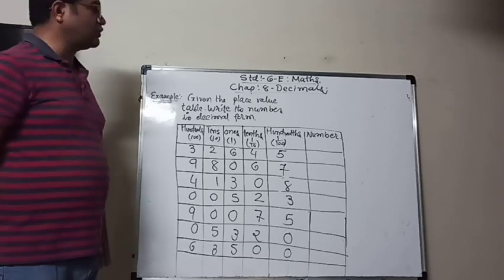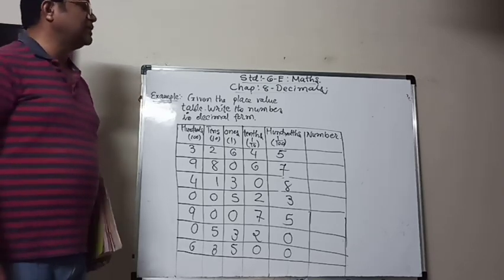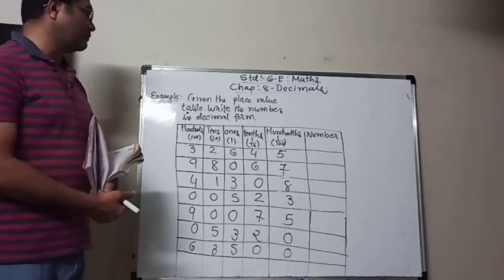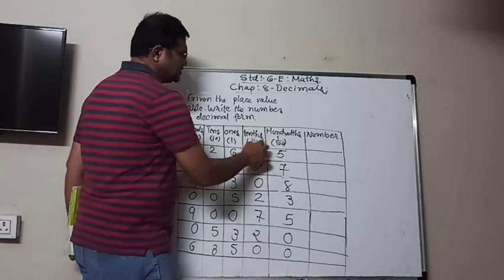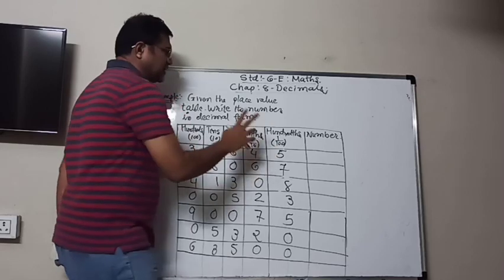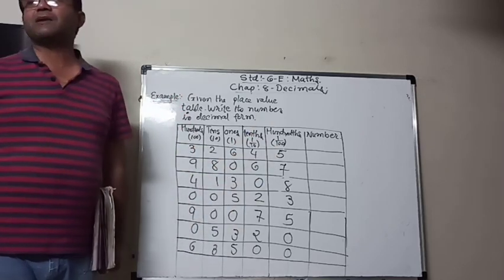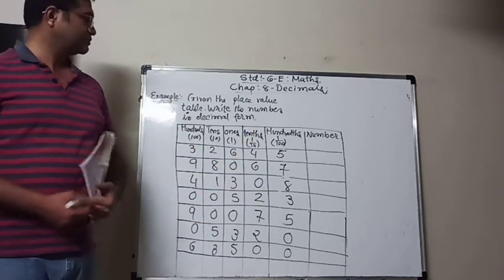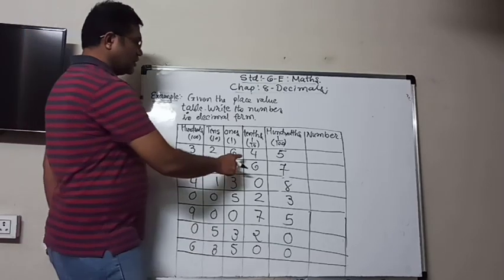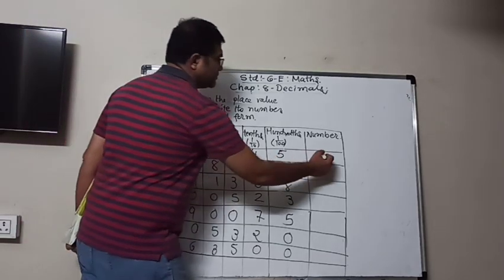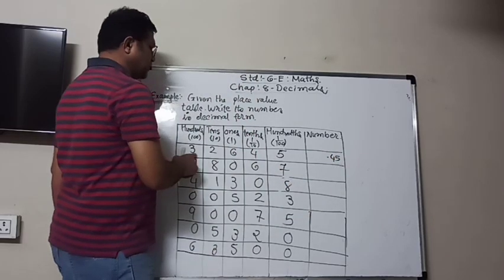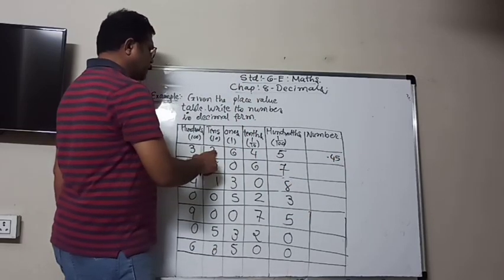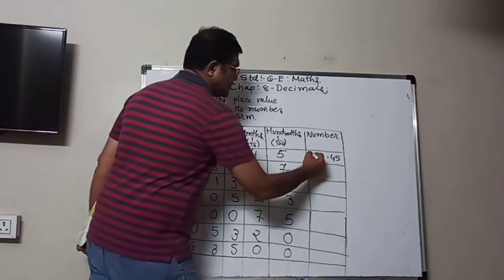From that we have to write the number in decimal form. The last two digits are tenths and hundredths, so they will come after the decimal point. So 45 will be after the point, 0.45, and in the beginning that is 326.